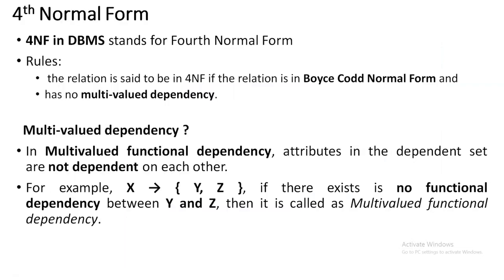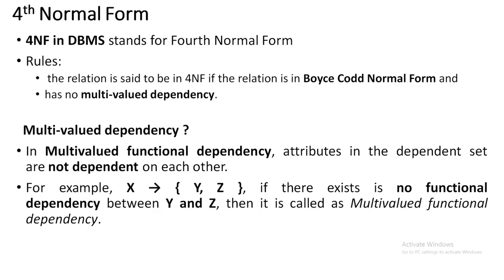So the next one is fourth normal form. The fourth normal form conditions are: the first one, it should satisfy Boyce-Codd Normal Form, and then if it is satisfying BCNF, the next thing you have to see is whether it has multi-valued dependency or not.